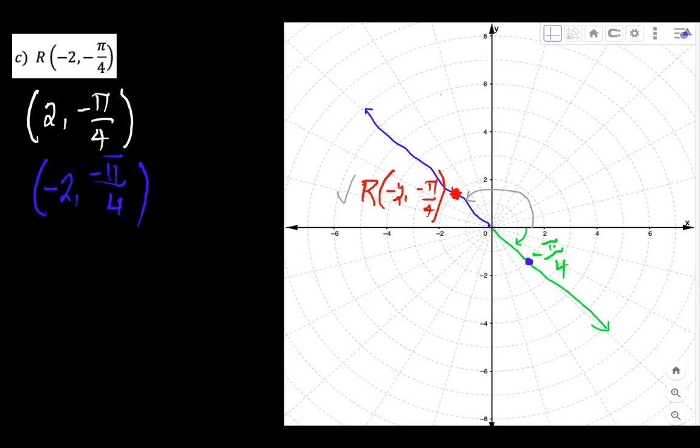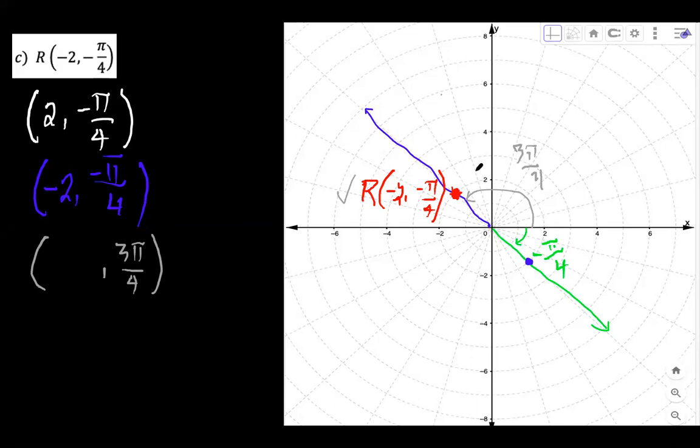All right, so what angle is this? Pi/4. This is 3 pi/4. Right? 1, 2, 3, that's 45. Yeah, that's 3 pi/4. So let's identify the coordinates. The angle measure is 3 pi/4.